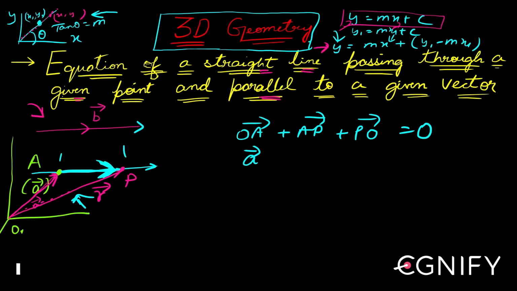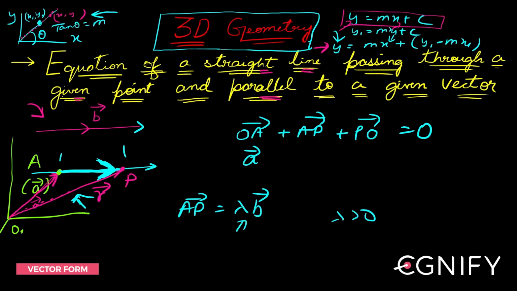I don't know about its magnitude, but I can obviously write AP bar as some lambda into b bar. With a suitable lambda, I can get the magnitude of AP bar, but the direction is anyways towards b bar. So this lambda is some scalar. I'll put lambda into b bar. This is my AP bar.